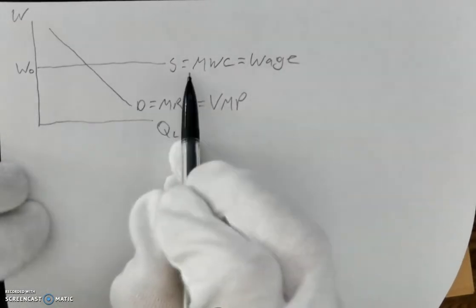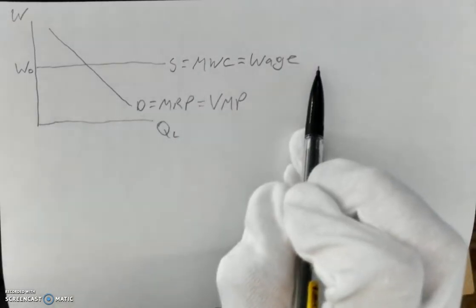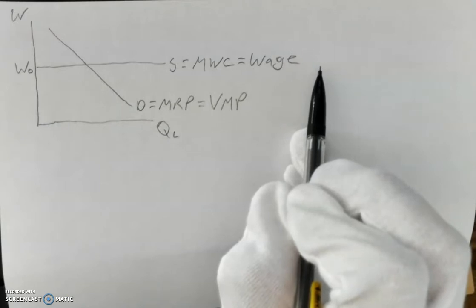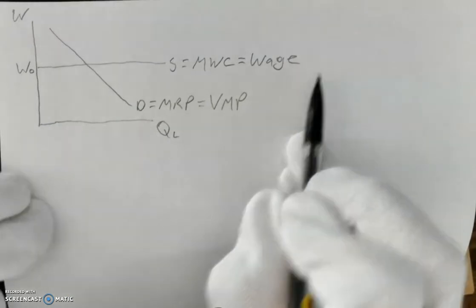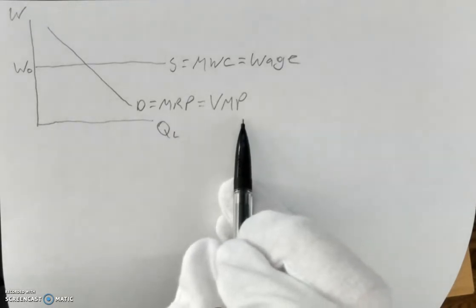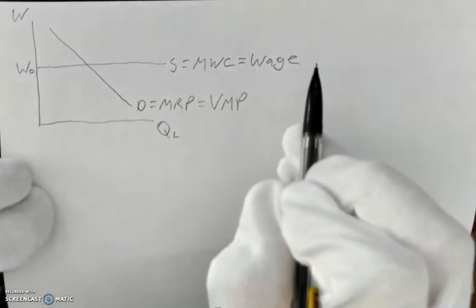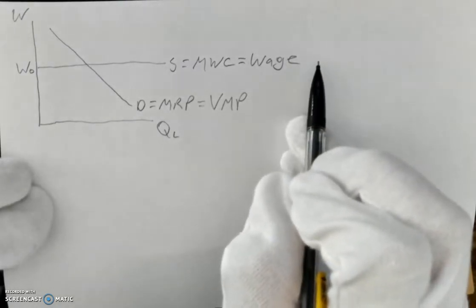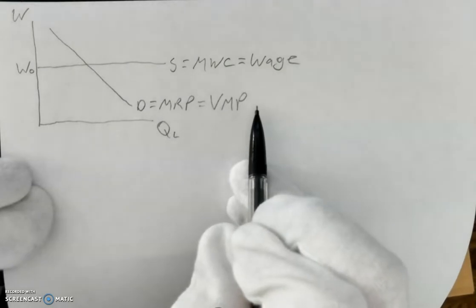The supply curve comes from having a perfectly competitive labor market. The demand curve comes from having a perfectly competitive product market. This is a firm that is a wage taker in the labor market and a price taker in the product market.